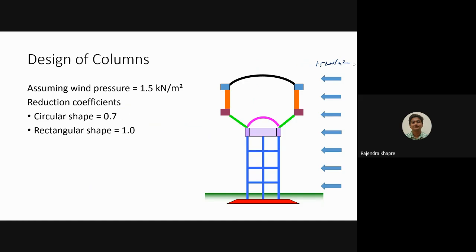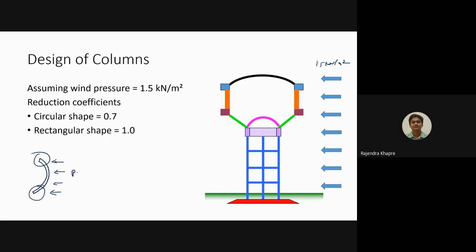Since this is circular in shape, the reduction coefficient will come into the picture. If you have a curved surface like this and there is a pressure acting like this, then as far as this part is concerned, it is curved in nature, so your pressure will be reduced because of the curvature of the structure.